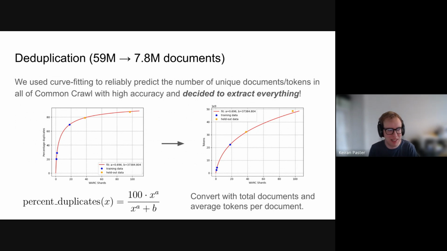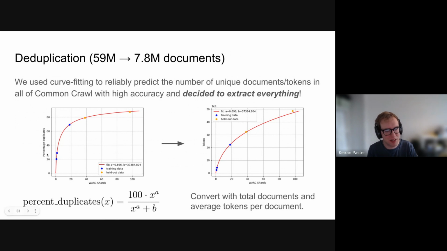We measure the percentage of duplicates we find after deduplicating, and we fit a curve parameterized like this. Even based on the first few data points, we get a really good fit for how many duplicates there will be. You can even get rid of this point and fit on just the first two or so, and it seems very powerful.